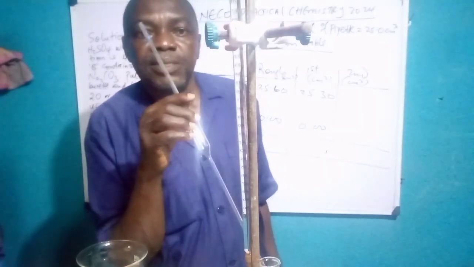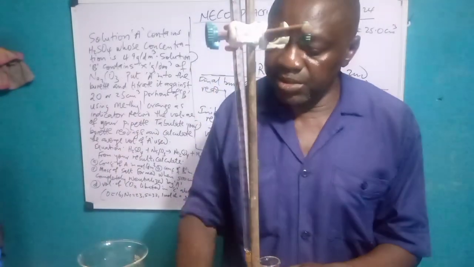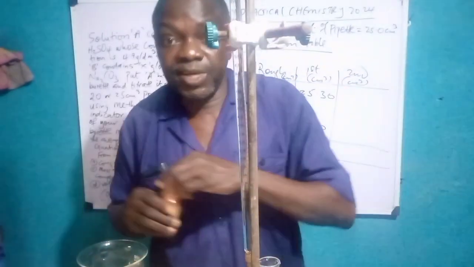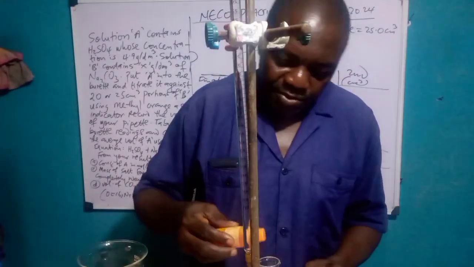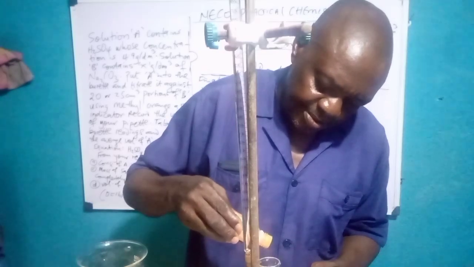Remember, the end point is orange in color. Don't forget that. 2 drops. 1, 2.